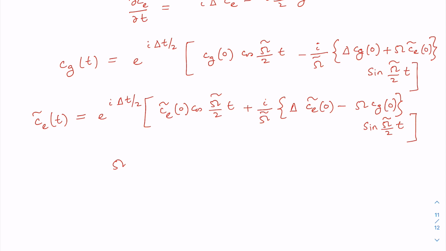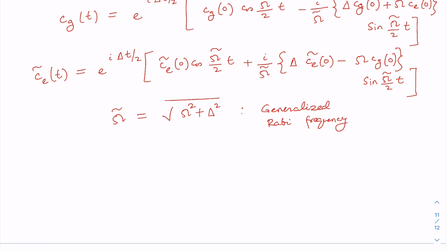Here this Ω̃ is the square root of Ω² plus Δ², and this is known as the generalized Rabi frequency. It is called generalized Rabi frequency.